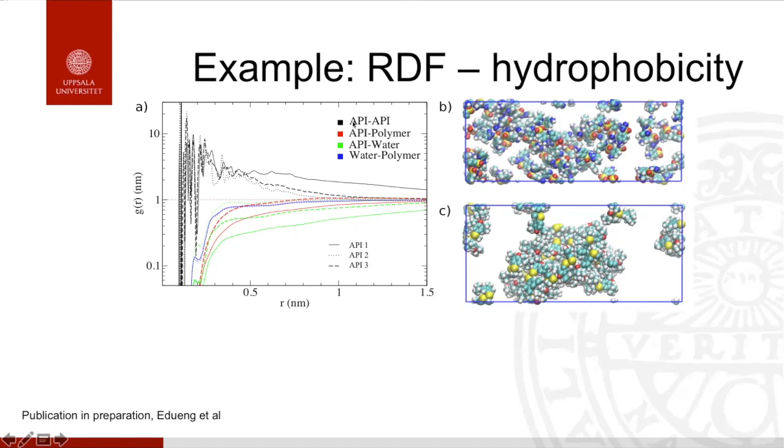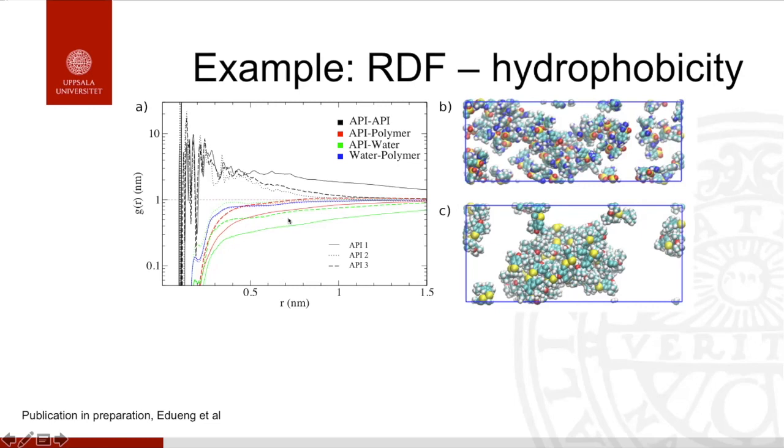So if you look at the interactions between, let's say, API and water, for the first one, as you can guess, the interactions would be less pronounced. So the profile would be around 1. So 1 is like unbiased. Basically, there is no difference between being next to it or not. So it's like equally good or bad interaction.